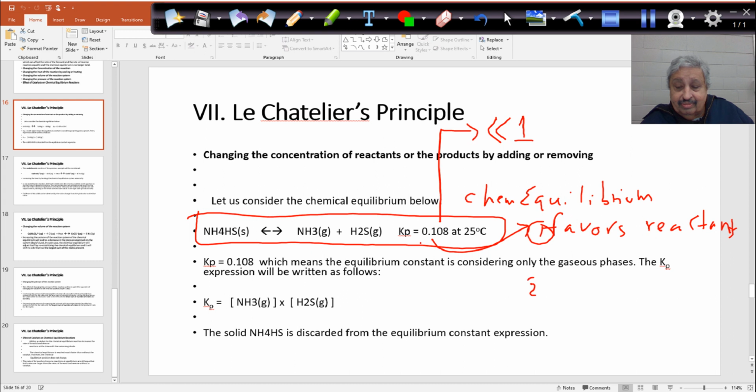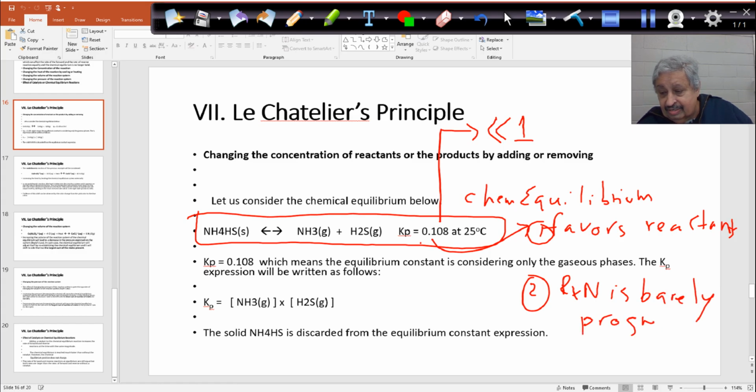Number 2, the reaction has not started yet, or the reaction is barely progressing.